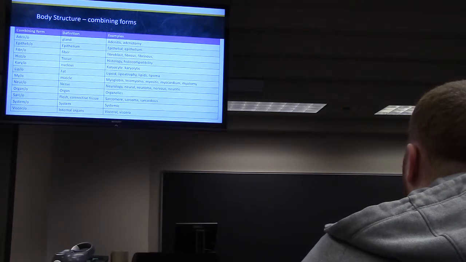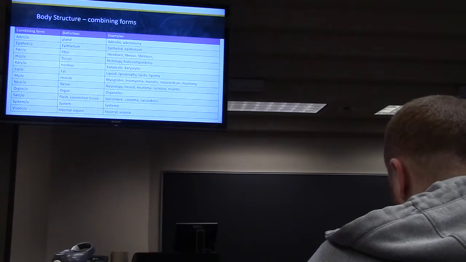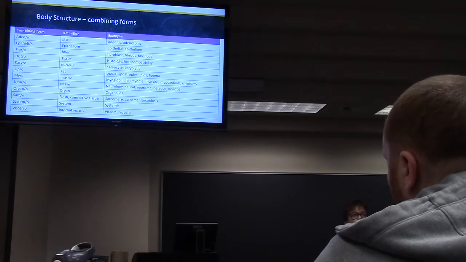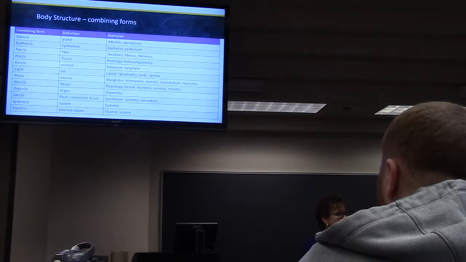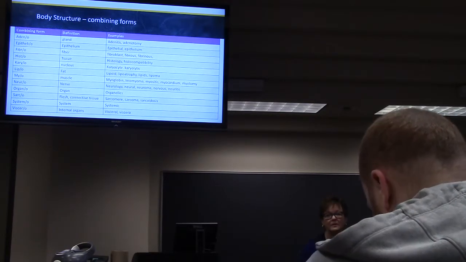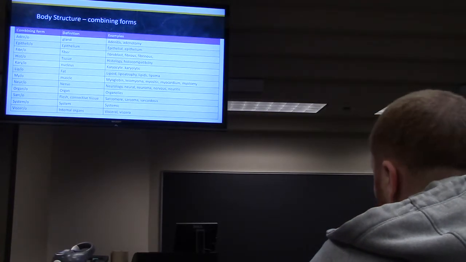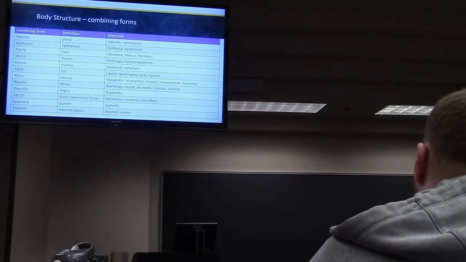Cell bodies. Organelles we haven't done, that's tiny organ-like structures in the cell. Sarco, flesh, connective tissue. So a sarcomere, we haven't done that. Sarcoma, tumor of connective tissue. Sarcoidosis, what's osis? Condition, yeah.